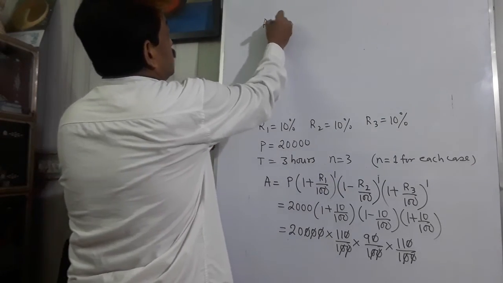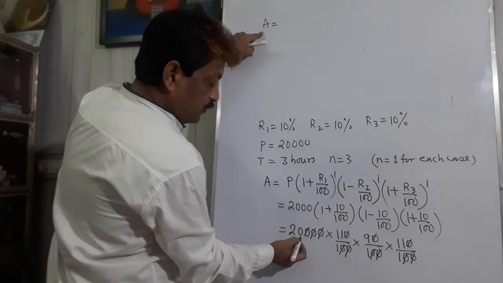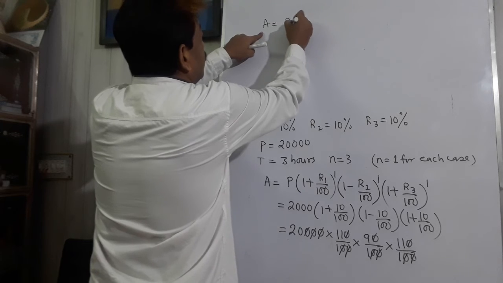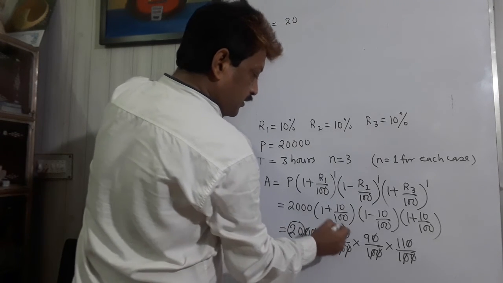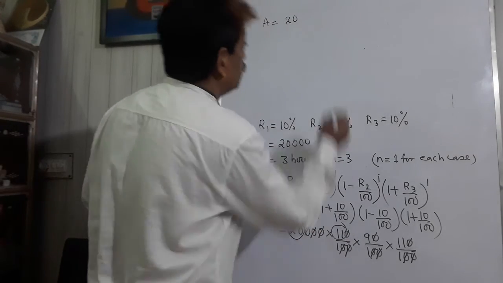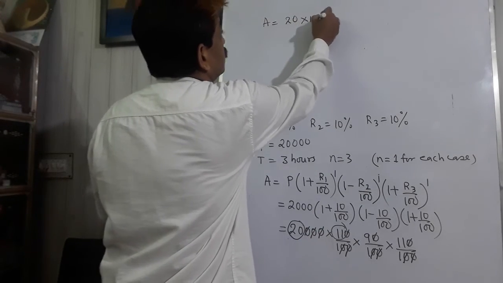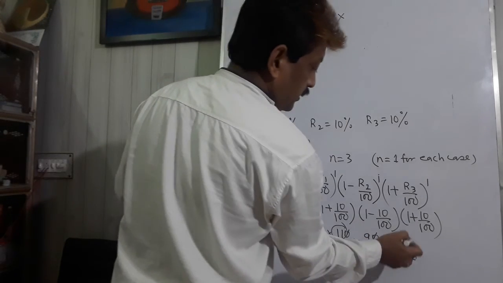So A, that is the total number of bacteria after 3 hours, is 20, then 11, then 9, and then again 11.